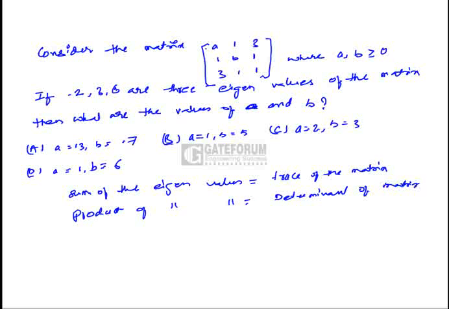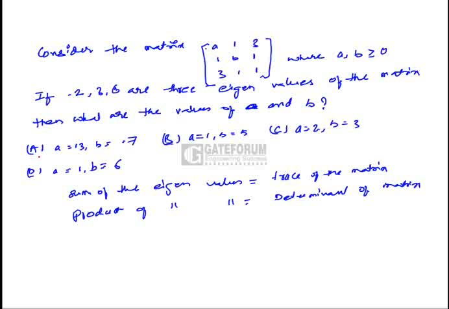So if we see options here, trace of the matrix is nothing but sum of the principal diagonal elements. So here sum of the principal diagonal elements is A plus B plus 1.